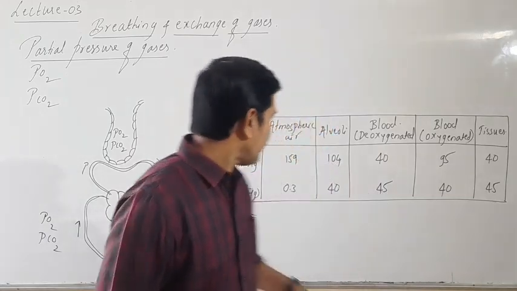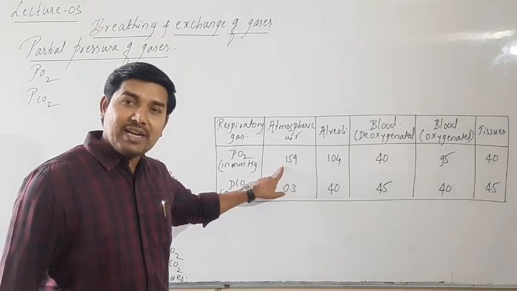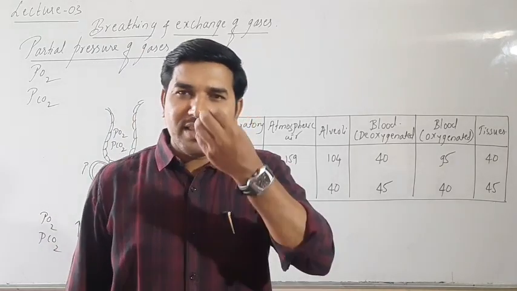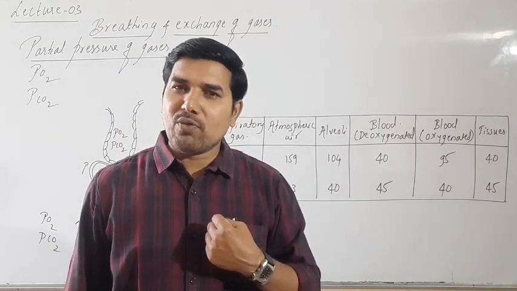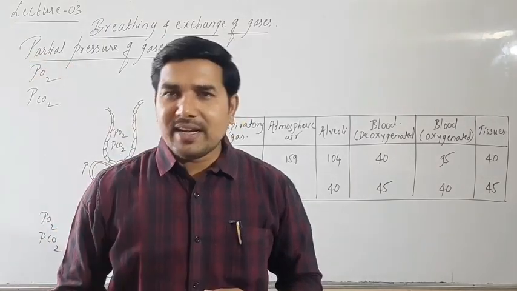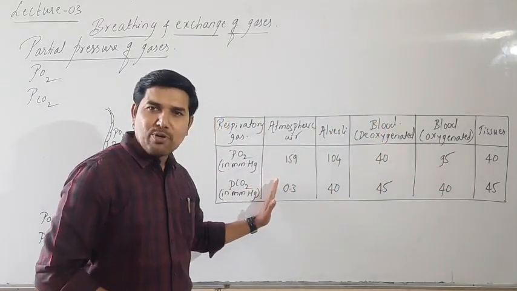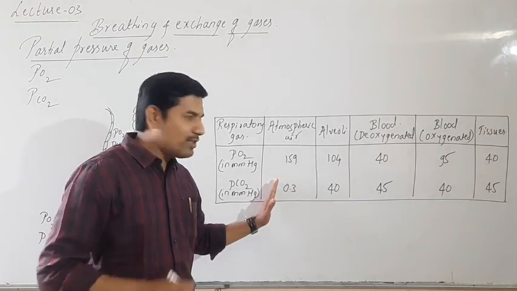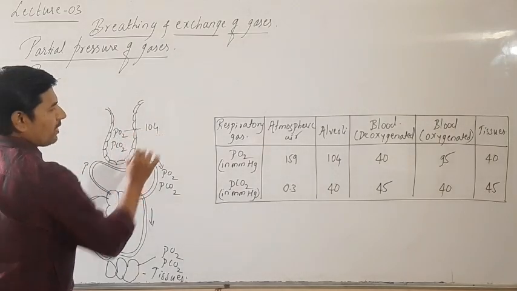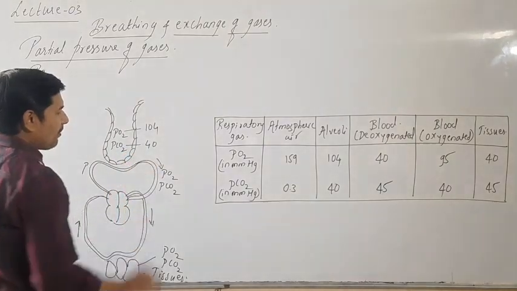Now, PO2, the partial pressure of oxygen in the atmospheric air, is 159 mm of Hg, and CO2 is 0.3. When the oxygen that we take in and the carbon dioxide along with it enter our lungs, in the lungs PO2 will be around 104 mm of Hg, and PCO2 will be around 40 mm of Hg.